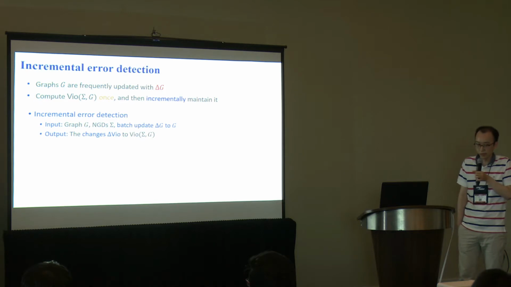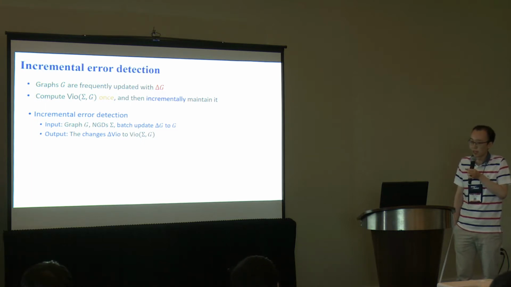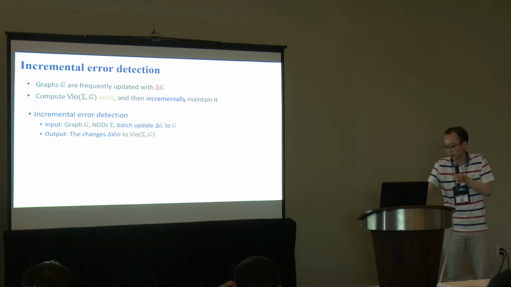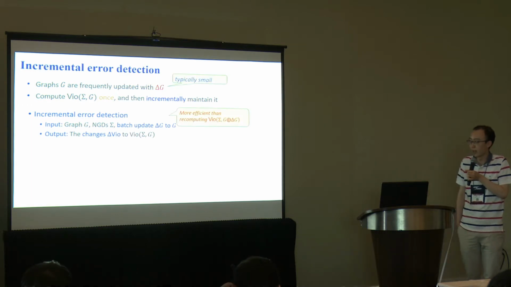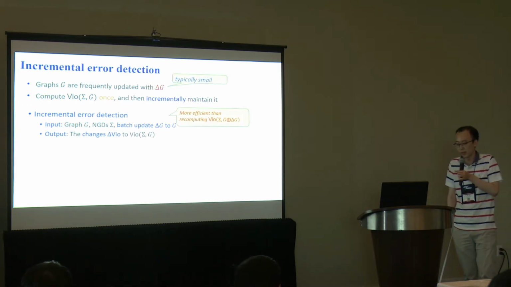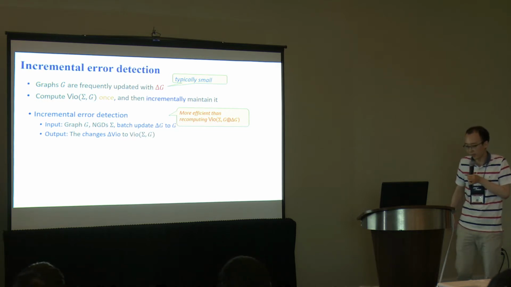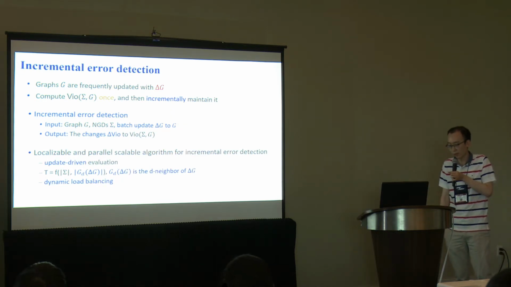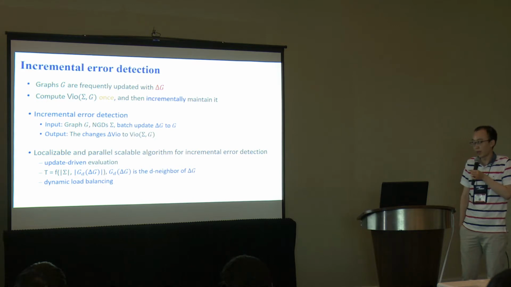Specifically, we use a batch algorithm to compute the violations of NGDs sigma in graphs G only once, and then incrementally maintain them by computing the changes to the violations in response to the updates applied to G. This should be more efficient than recomputing the violations starting from scratch when the changes to G is small, as often found in practice. So practical methods with certain performance guarantees are developed for incremental error detection.